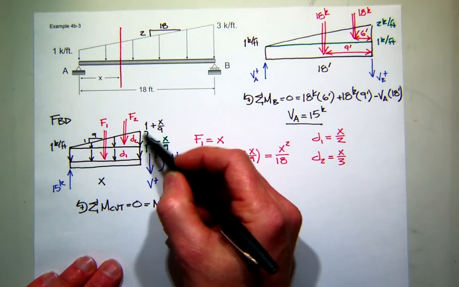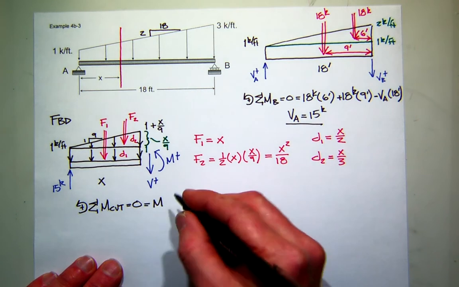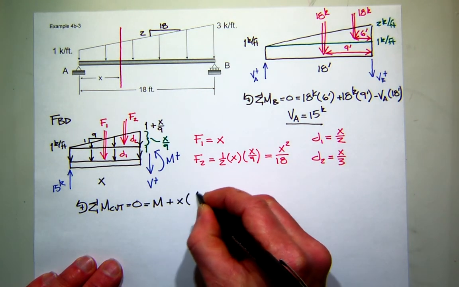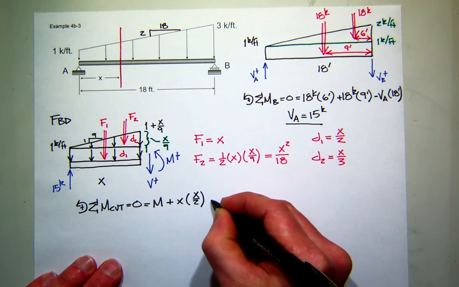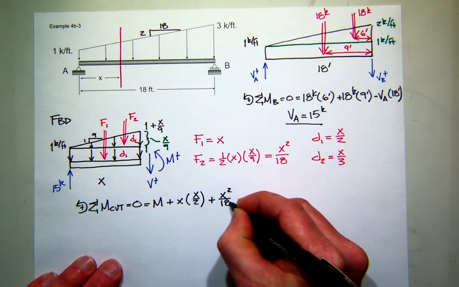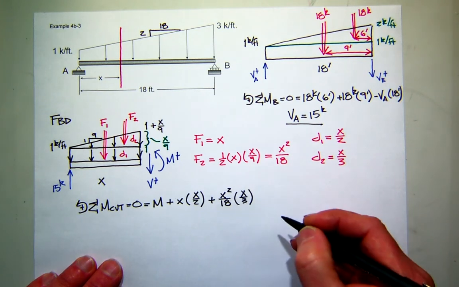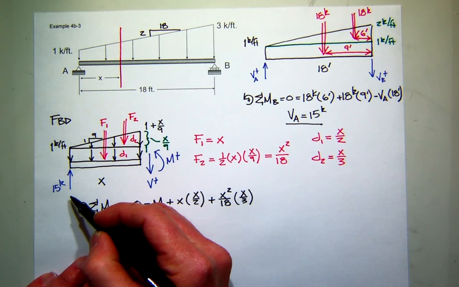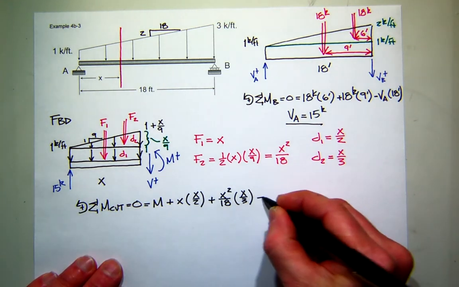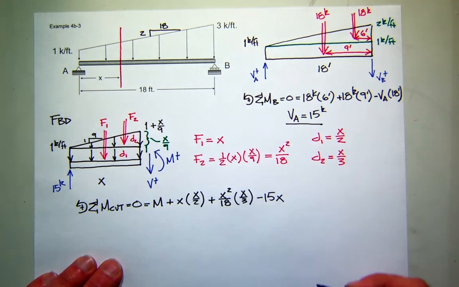Force 1 and force 2, what kind of moment did they create about the cut? Positive or negative? Positive. So let's do 1 first. So force 1 is x with the moment arm of x over 2. Force 2 is x squared over 18 with the moment arm of x over 3. And then I have my 15 kip reaction force. That creates positive or negative moment? Negative. So I have 15 times the moment arm of x.